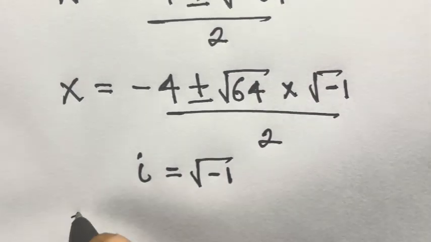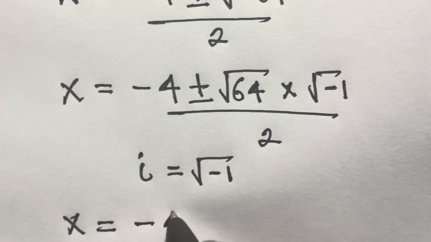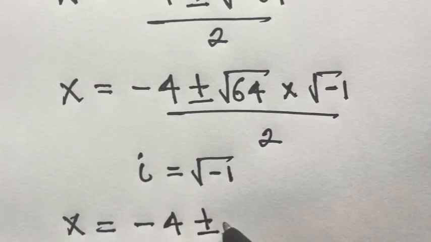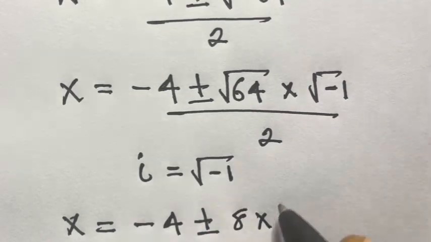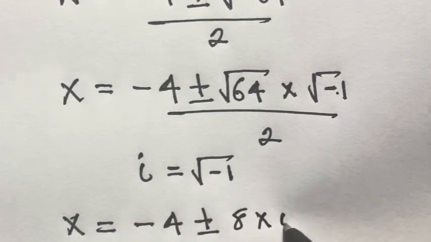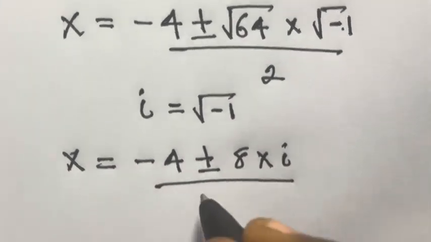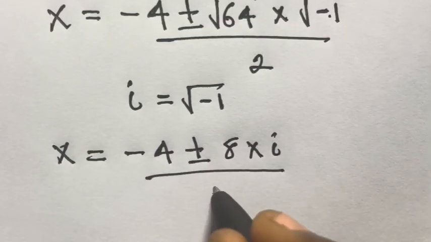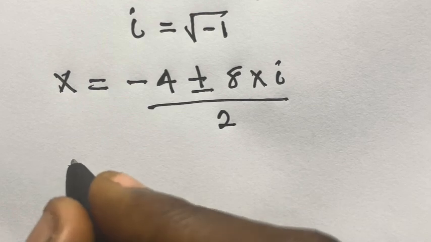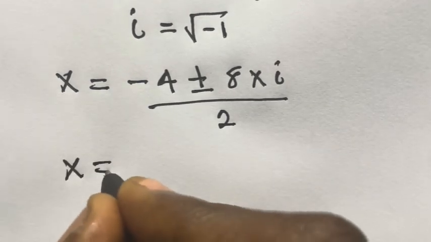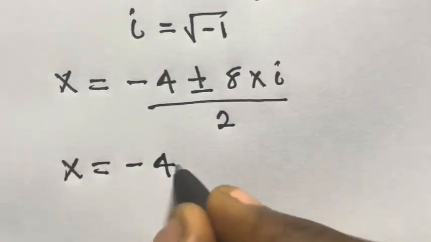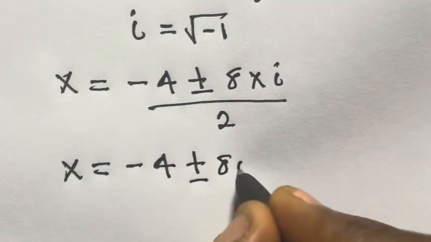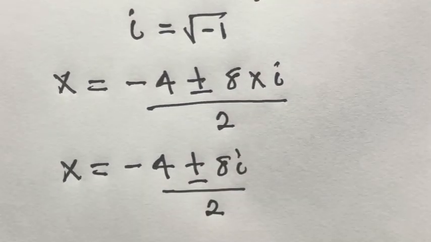So we have x equals minus 4 plus or minus the square root of 64, which gives us 8, times iota i, divided by 2. So we'll have x equals minus 4 plus or minus 8i, divided by 2.